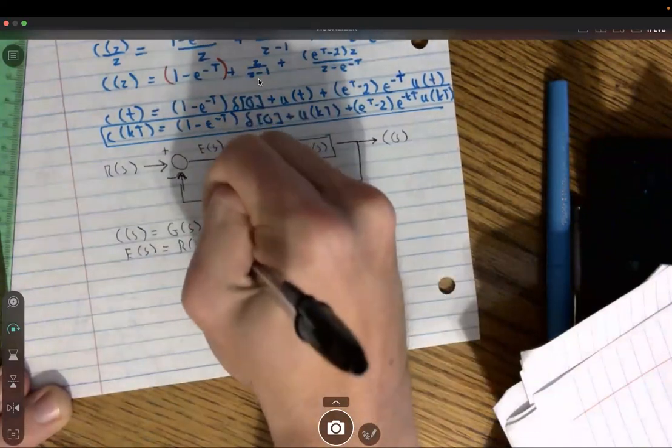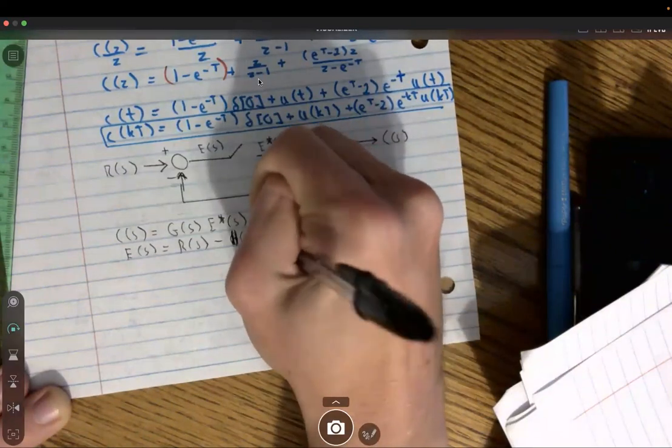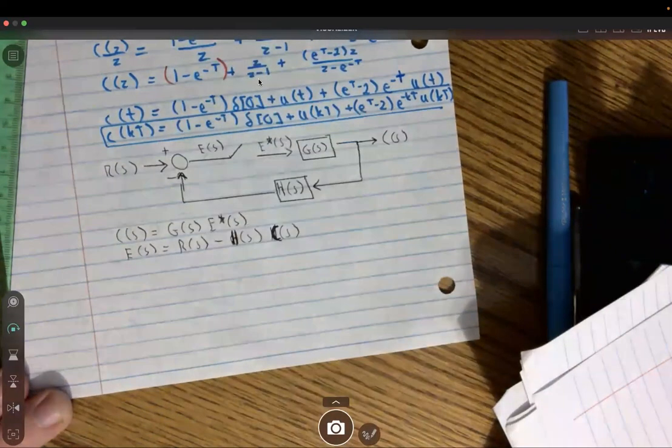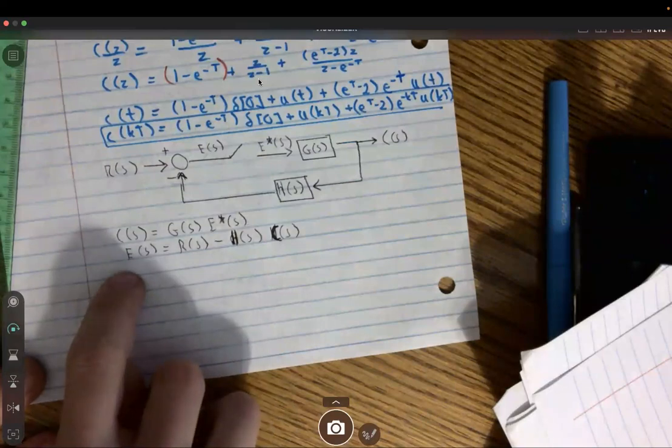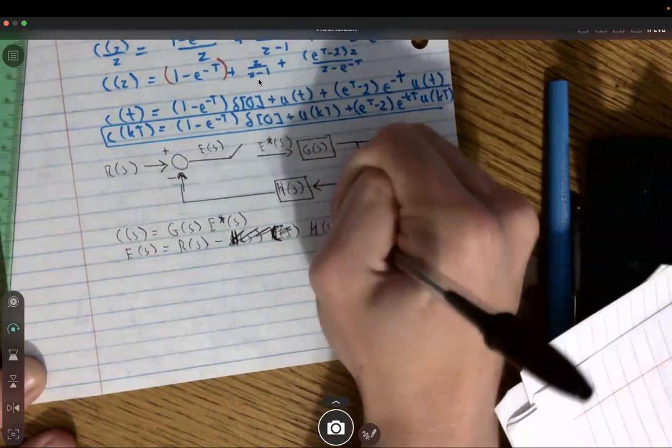So I'm going to write it in terms of H of S and then C of S, just so we stay consistent, because that will make the math easier. So let me just rewrite that, sorry. H of S and then C of S.